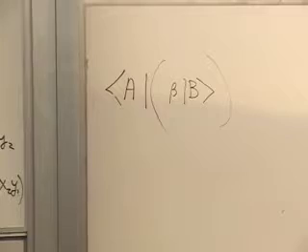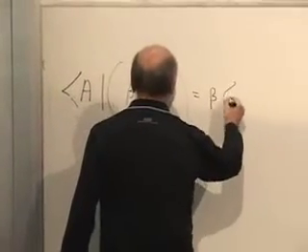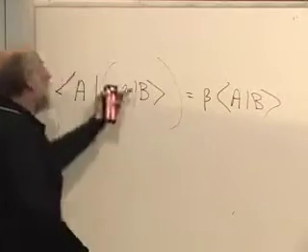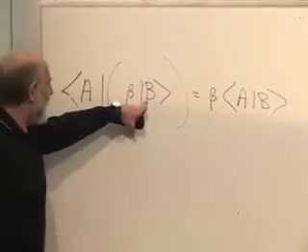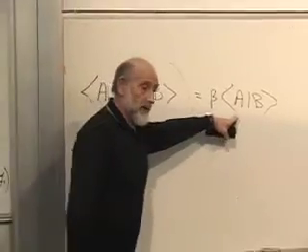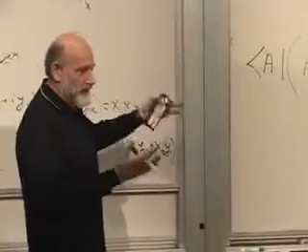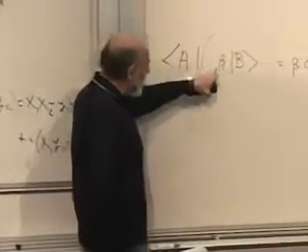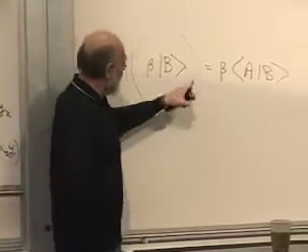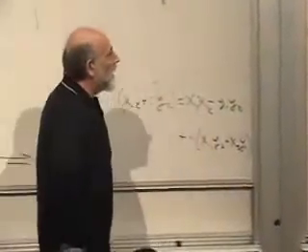That inner product is just beta times the inner product of A and B. If you double the length of B and not double the length of A, then you just double the inner product. If you were to double both A and B, of course, you get a factor of 4, but we're just multiplying by beta one of the vectors. If we do that, then the inner product itself just gets multiplied by beta.